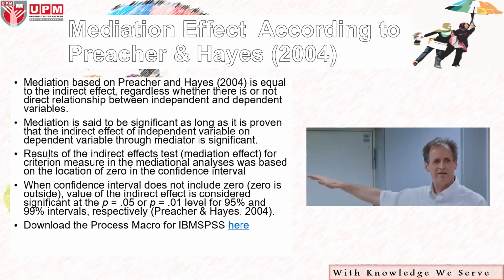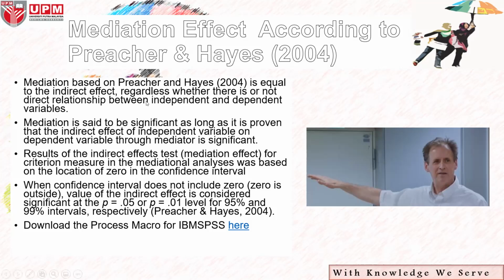So when you want to propose the mediation model, make sure you have theory to support each path. Setiap path tu you all kena ada teori. Okay? Barulah you all boleh follow yang Preacher and Hayes ni. But dia kata tak perlu test pun. Dia kata kita boleh terus lompat ke step nombor 4.